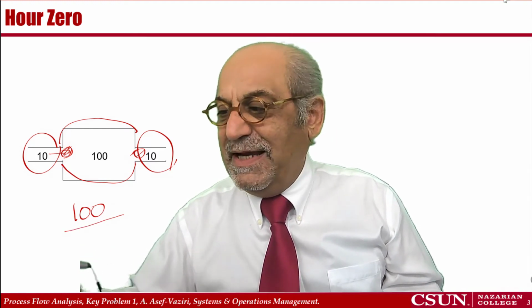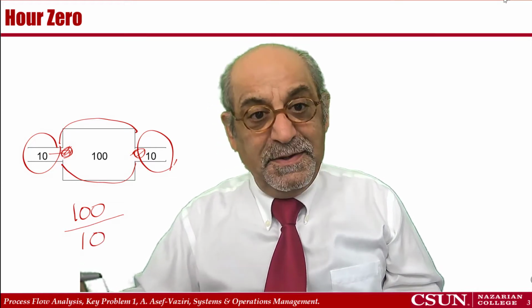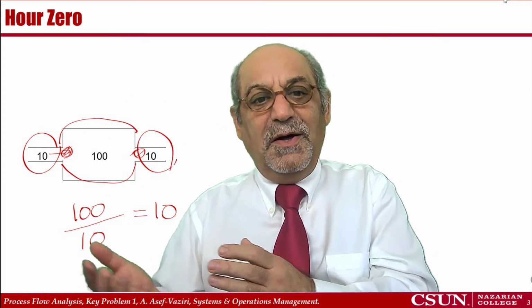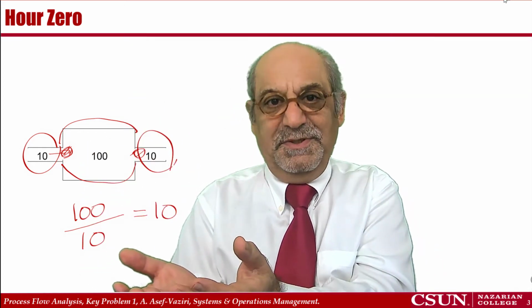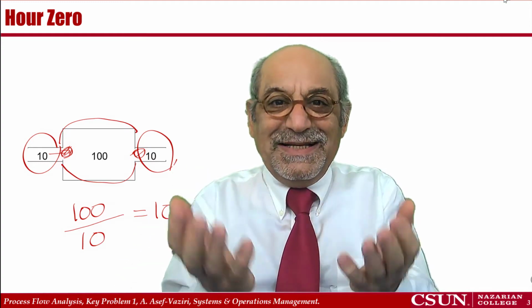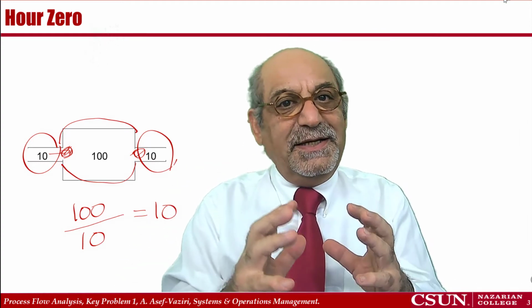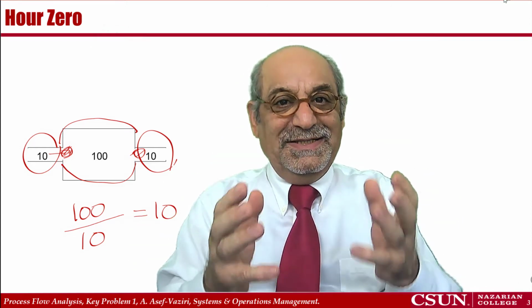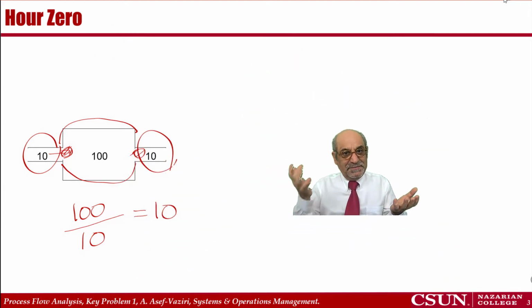We are emptying at rate of 10. So it takes 10 hours for the other molecules to go out, and then this one goes out. So that is simply 100 divided by 10, which is equal to 10. Flow time is 10 hours.